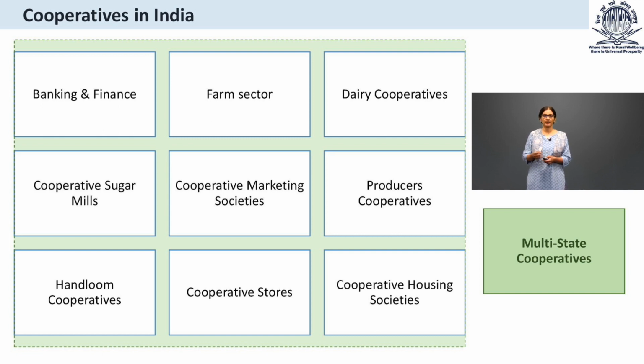Examples are Kendriya Bhandar, Apna Bazaar, Sehkari Bhandar. The purpose is to deliver items at lower cost to the customers, and customers buy directly from the producers, thus removing middlemen. There are also cooperative housing societies in urban areas, and they provide cheap housing to people.